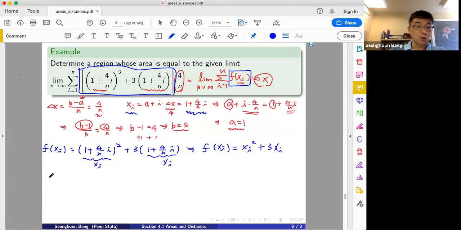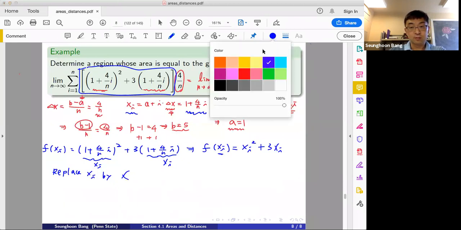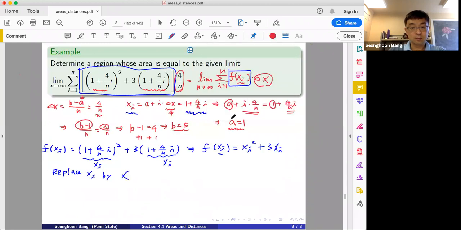The next step is to replace xi by x. So the f of x is x squared plus 3x. So that's it.